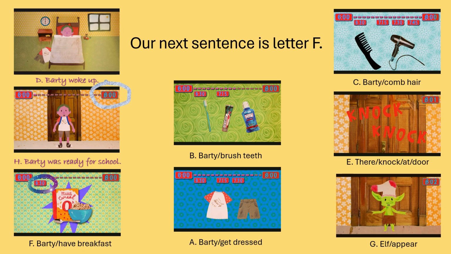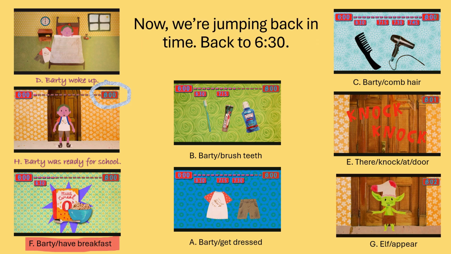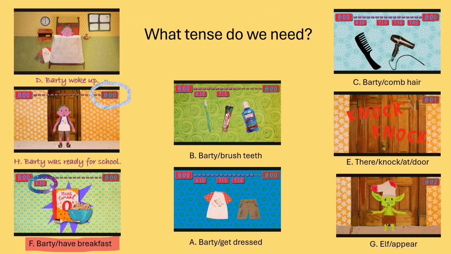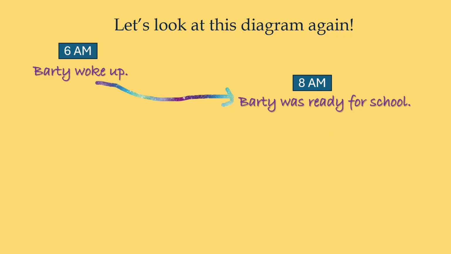Our next sentence is letter F. Now we're jumping back in time, back to 6:30. So what tense do we need? Let's look at this diagram again.